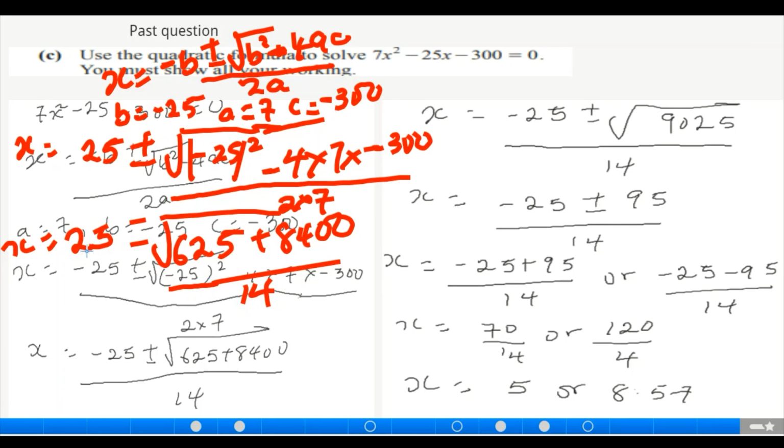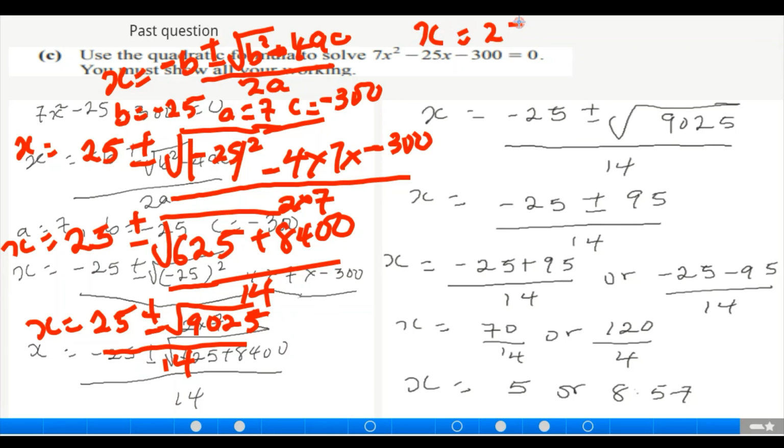So with that, let's solve and see what we have here. We have x equals 25 plus or minus the square root of 625 plus 8,400, which gives us 9,025, all divided by 14. Now, what's the square root of 9,025? That is 95. So we have x equals 25 plus or minus 95, all divided by 14.